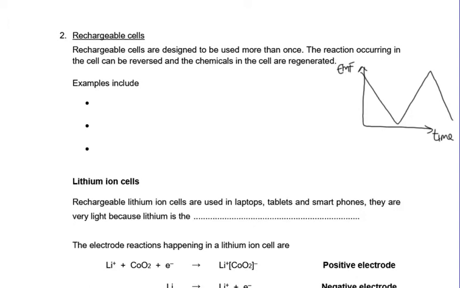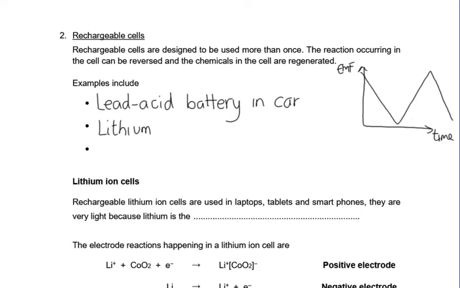So what we're looking at here, we're looking at maybe things like the lead acid battery in your car. When you drive the car around, it recharges it. Okay, we're looking at the lithium-ion batteries in your phones and laptops.